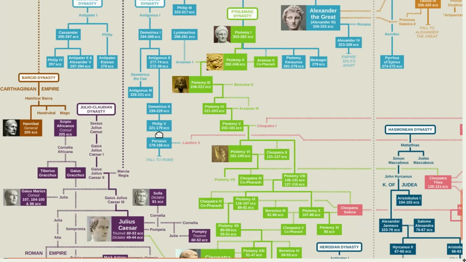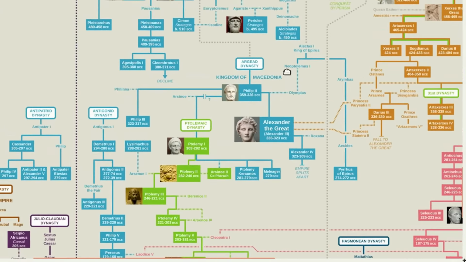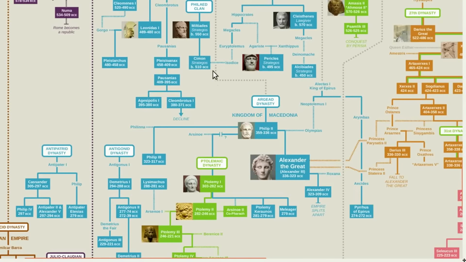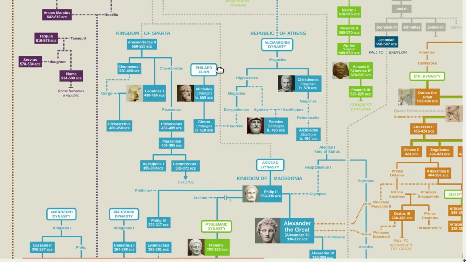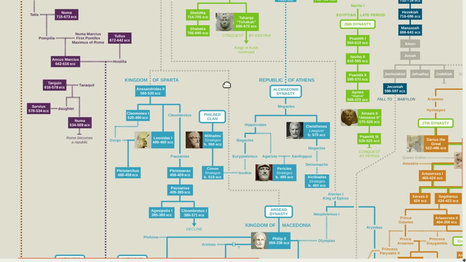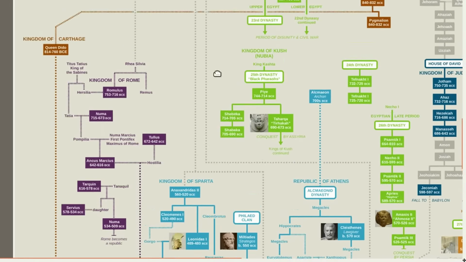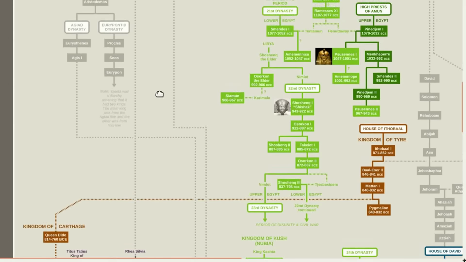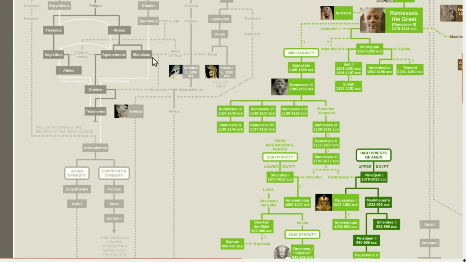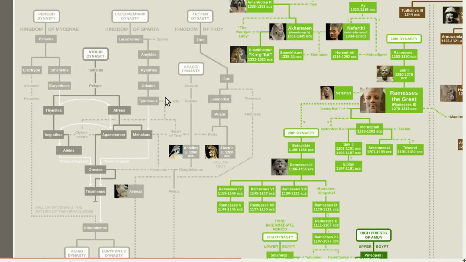But throughout the chart, you'll also notice some gray lines that, if you follow them, lead to sections that are kind of shaded out. This means that you're looking at a section that is either legendary or based primarily on religious tradition rather than on secular sources.